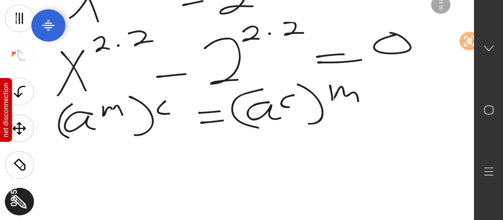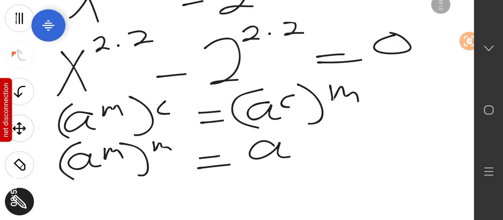In a situation where the exponents are the same, (a^m)^m = a^(m×m).